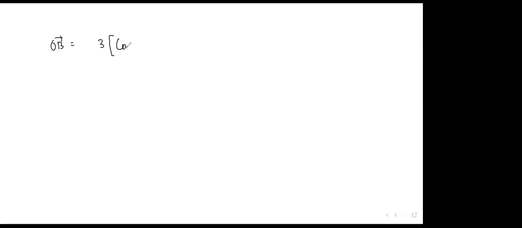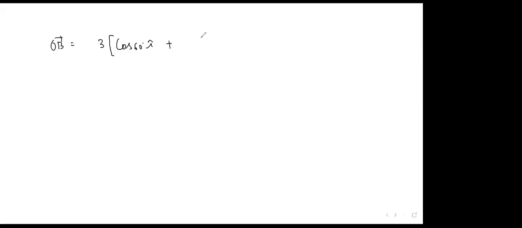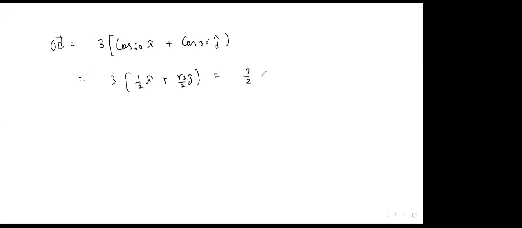So cos 60 degree i cap plus, and with positive direction of y-axis, north direction, it is 30 degree. So cos 30 degree j cap. So this will be 3 times 1 over 2 i cap plus root 3 over 2 j cap. So this becomes 3 over 2 i cap plus 3 root 3 over 2 j cap.